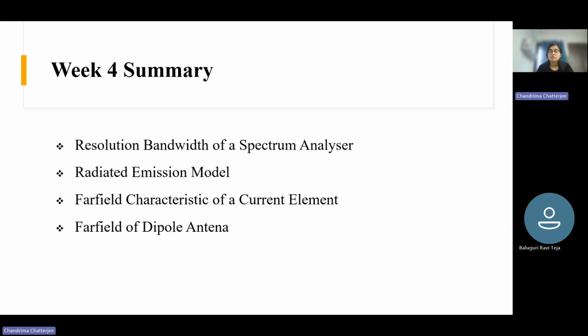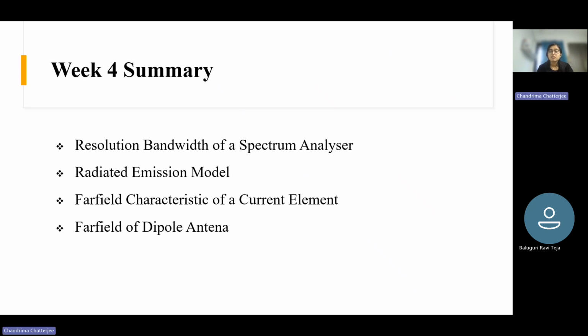We specifically talked about the trapezoidal signal, the spectral bound, and the effect of rising time and falling time. The effect of ringing on spectral bound, all these things we discussed and we solved the problems on these topics.